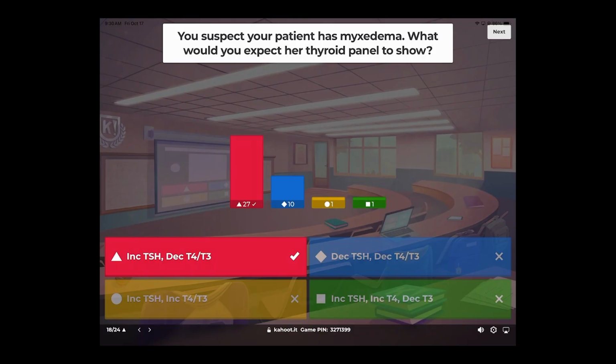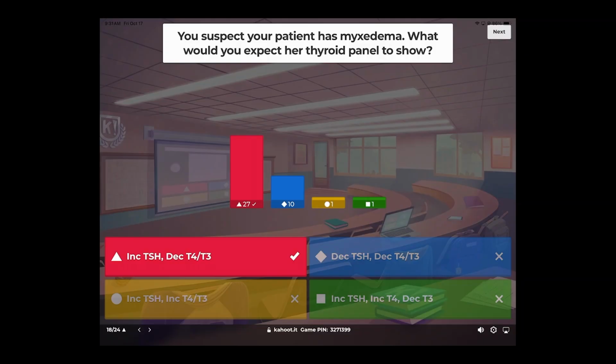Hypothyroidism, right? So high TSH, low T3, T4. The blue one, what would the question have to ask? If all of them are low, where's the problem? Hypothalamus, right? Or could be the pituitary in that one, right? Because if the pituitary has an adenoma, you're not going to make any TSH. That could do it as well.